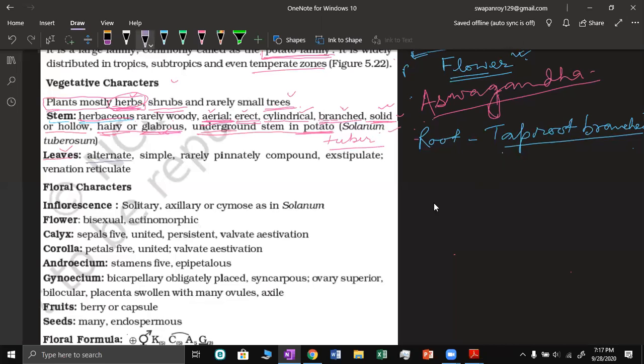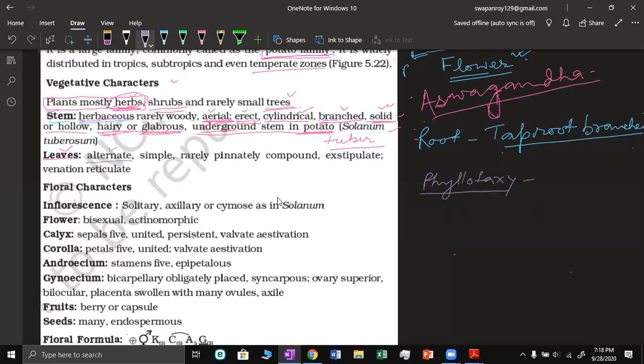These leaves are alternate. We have to remember that phyllotaxy is the arrangement of the leaves on the stem and branches. They are alternate, opposite, or whorled. Here it is alternate.